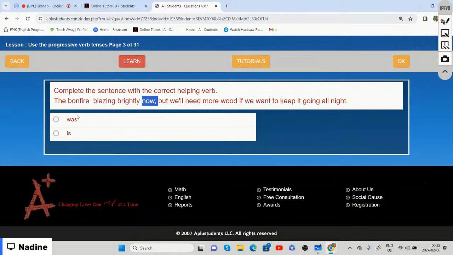Was is in the past. Or do we say the bonfire is blazing brightly now, which is in the present?